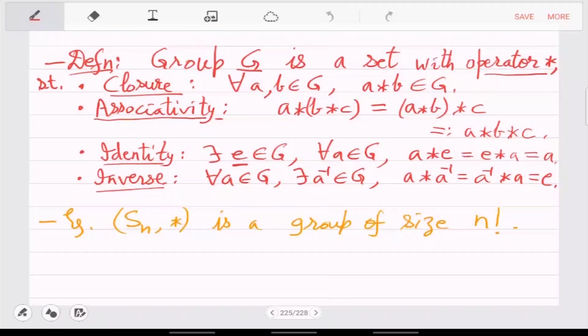Now there are some very special groups which we use all the time, which are called abelian groups. Maybe right here you can see that in this group Sn, A star B may not be equal to B star A, right?